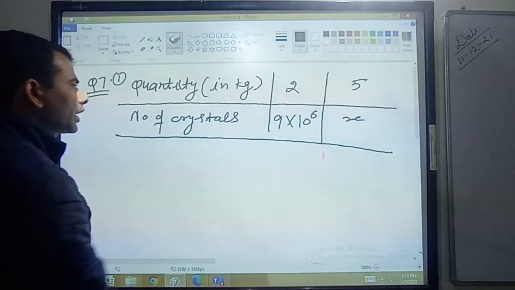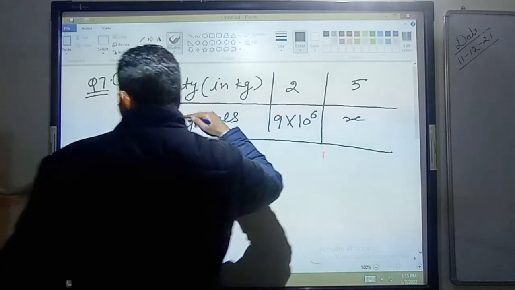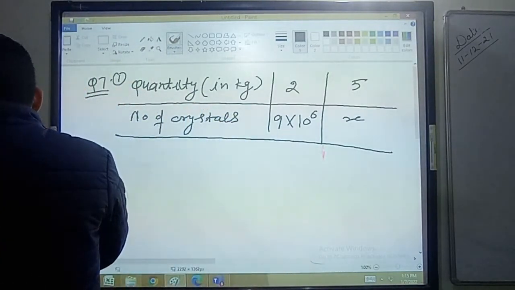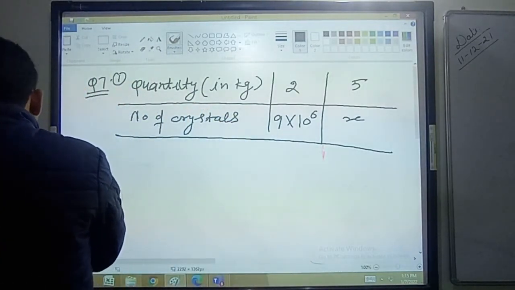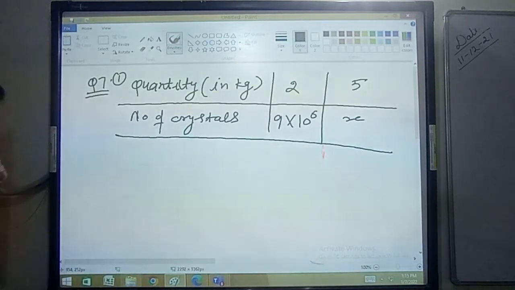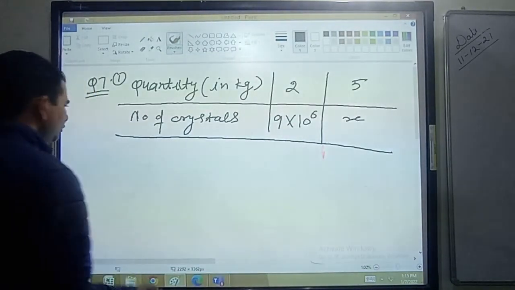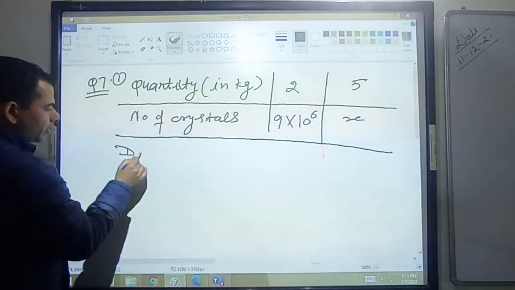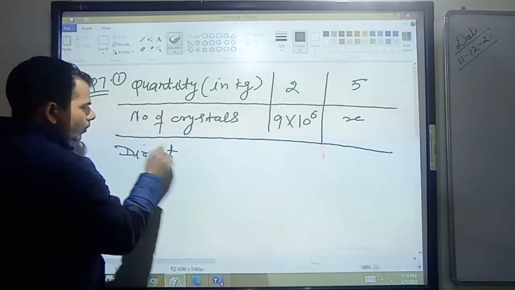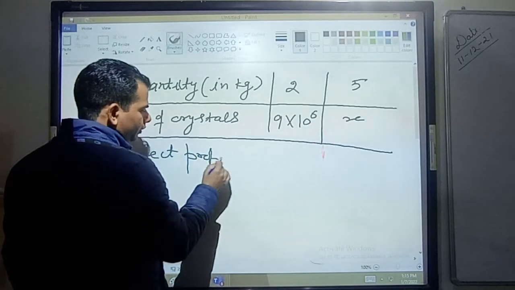Increase. If the sugar is increased, number of crystals will be increased. So it is direct proportion or inverse proportion? Direct proportion. Very good.